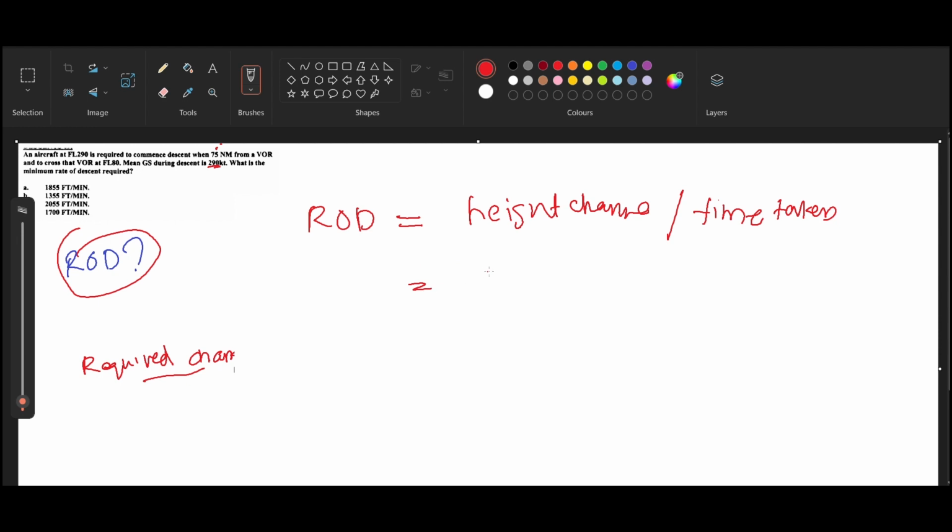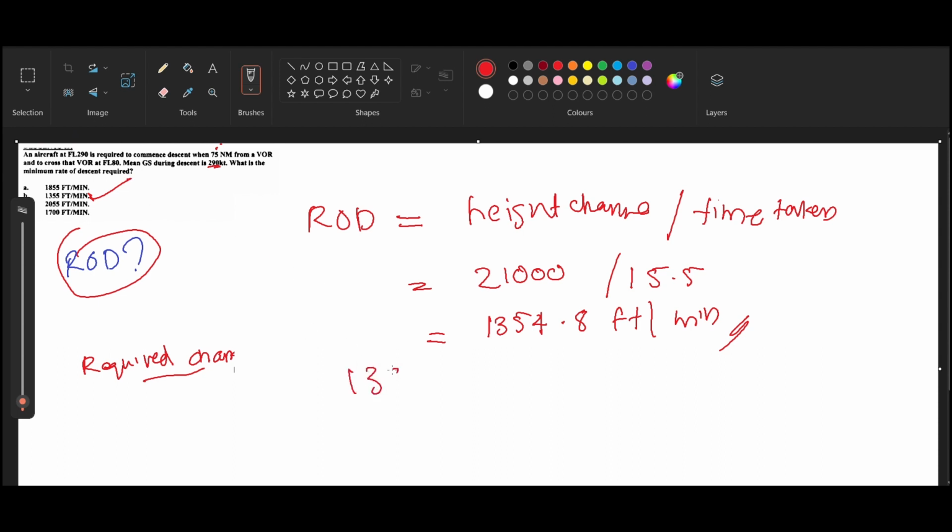We have every data. Height change is 21,000 feet and time taken is 15.5 minutes. Calculating this, it will come to 1354.8 feet per minute. So the closest option we have is Bravo, 1350.